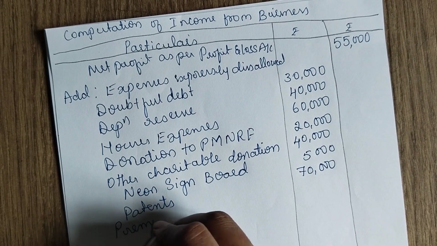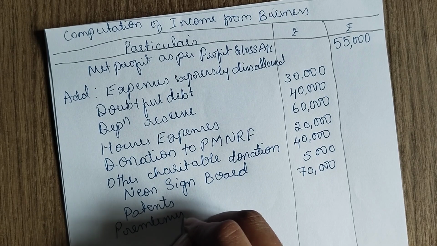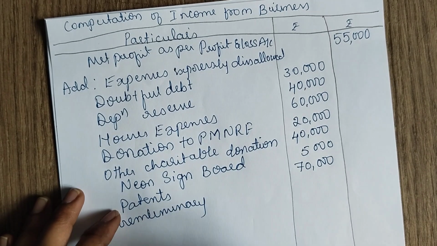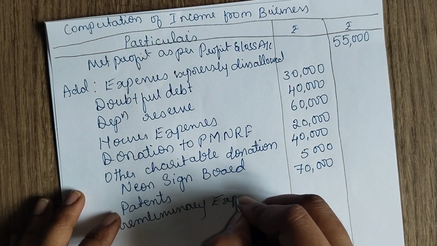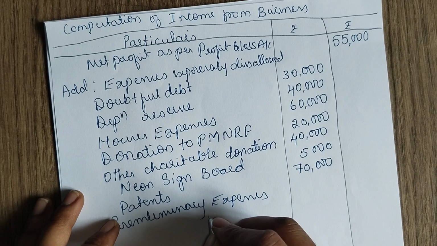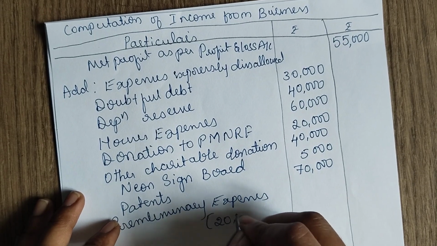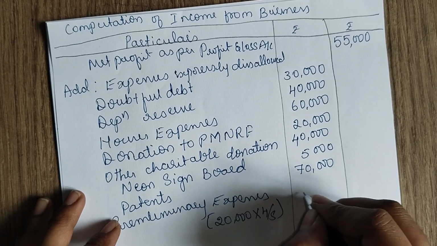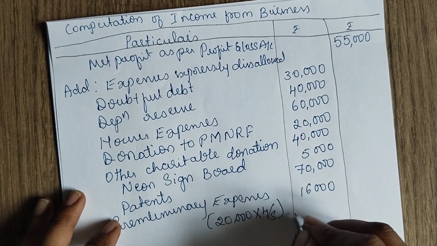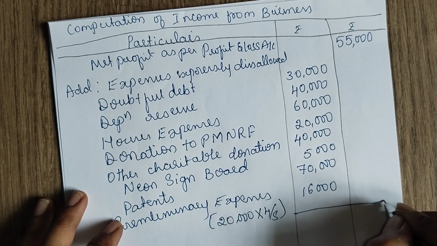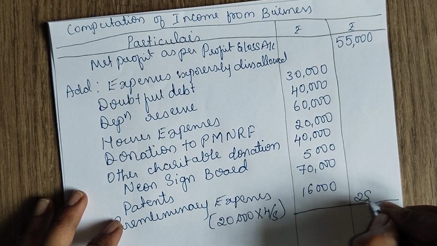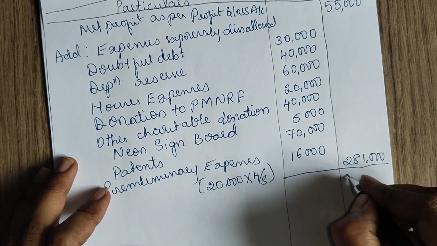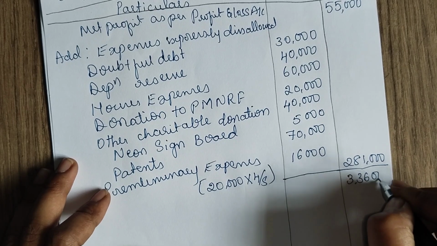Preliminary expenses is 20,000. On this we have taken 4 by 5, 16,000. Then total 2 lakh 81,000. After adding net profit, 3 lakh 36,000.